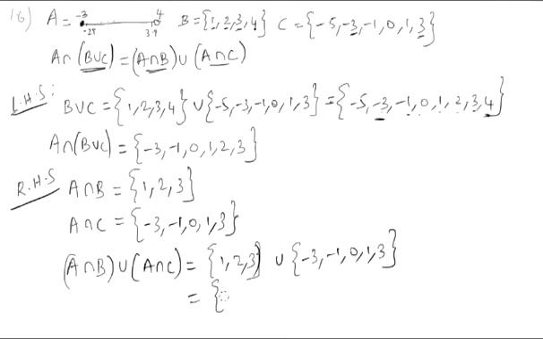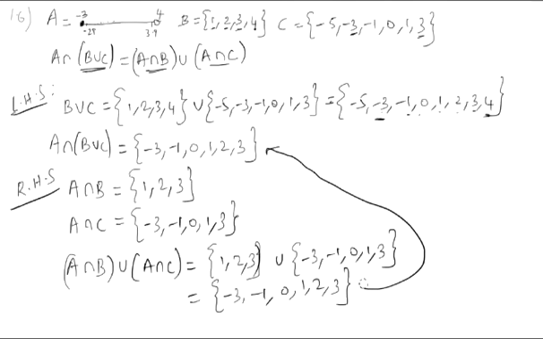You have -3, -1, 0, 1, 2, 3. Check these two. Aren't they the same? Yes. And hence you've proved the distributive property with intersection using this example. Okay. Fine.